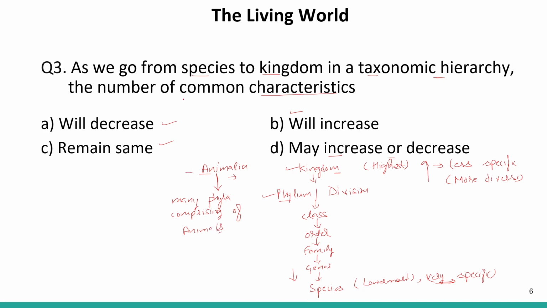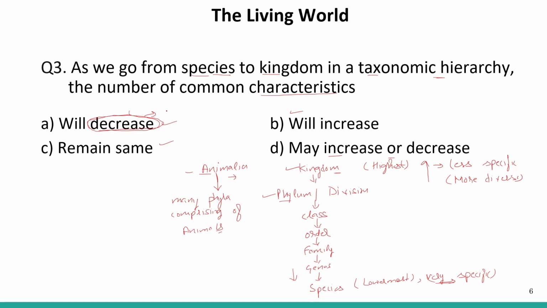So what should happen when we grow from species to kingdom? The number of common characteristics will decrease. The organisms, or you can say the members of that group, are not closely related. And the common characteristics decrease.